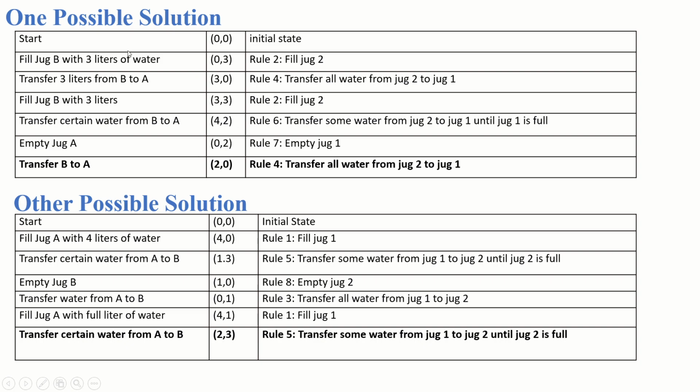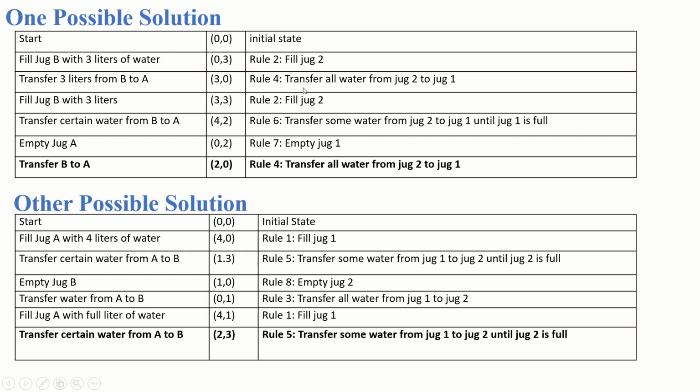Like this, another possible solution is also there. Initially the state is 0 comma 0. Then you fill jug 2, rule number 2 is applicable. Then you transfer jug 2 to jug 1, rule number 4 is applicable. Then fill jug 2, rule number 2 is applicable.